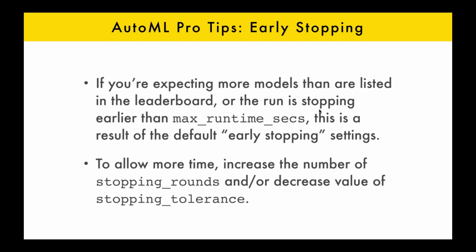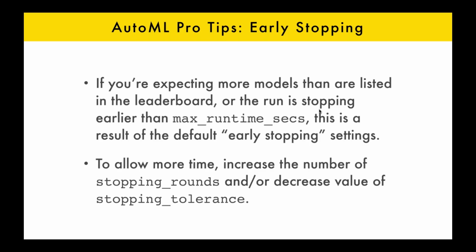If you asked for a lot of models and it stopped early, then that probably means you're running up against our early stopping settings. By default, we also try to not train too many models if there's no additional performance. So we have some parameters built in to prevent that, but you can turn that off, or you can just make it less restrictive. To turn it off, you would set stopping rounds equal to 0.